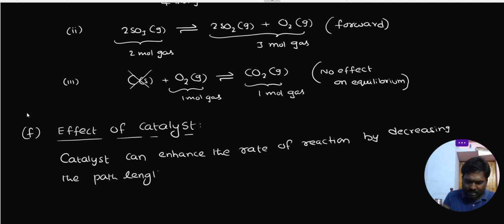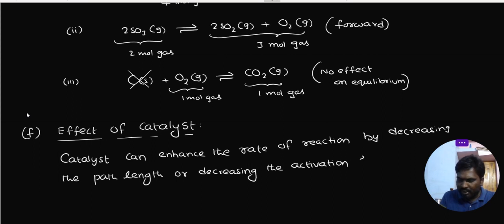If the path length decreases, the activation energy also decreases. So a catalyst can enhance the rate of reaction by decreasing the path length or decreasing the activation energy.